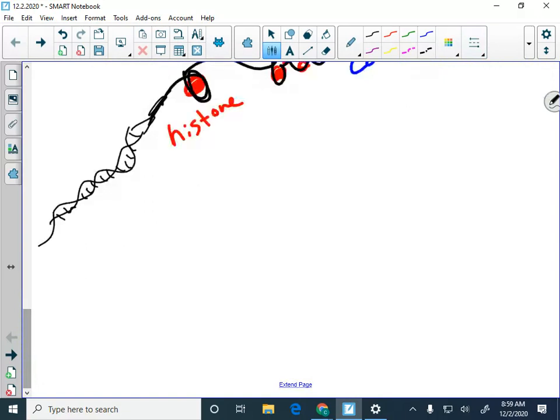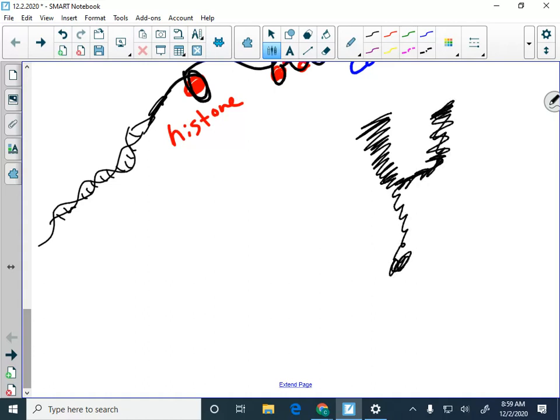So if we wanted to draw out a chromosome, we're going to label it. You can just draw lines. I like to draw squiggles just so I know that it's a bunch of DNA coiled onto each other.